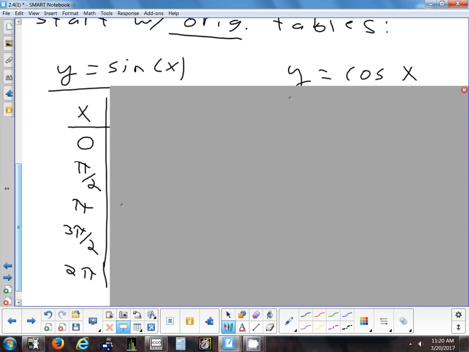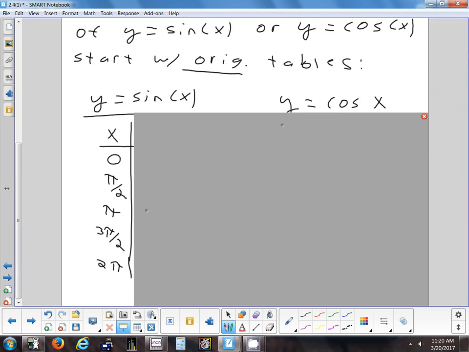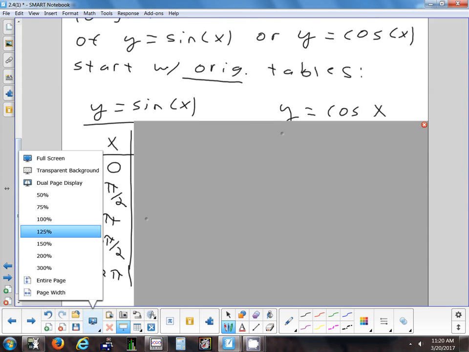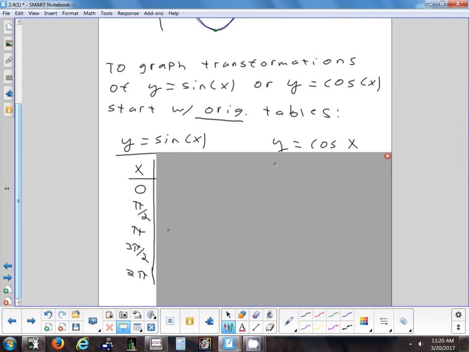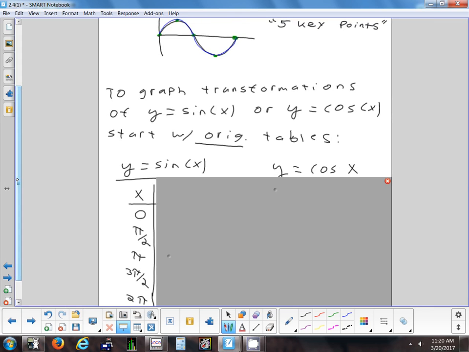That's 0, 90, 180, 270, 360. And now I'm going to make it a little smaller so we can see the graph and fill in the y values at the same time.